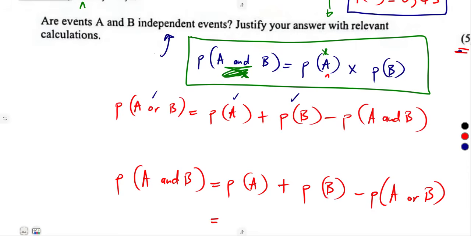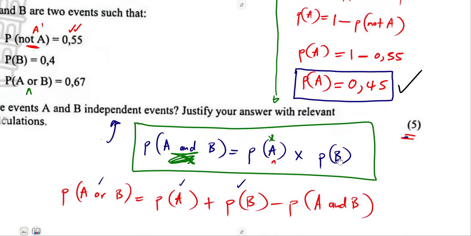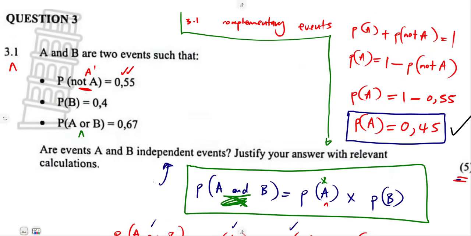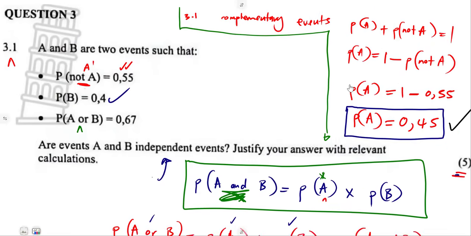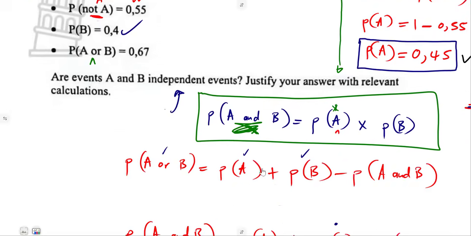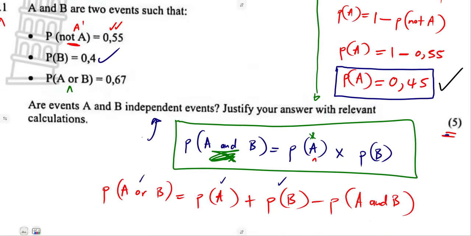So substituting what we calculated before, the probability of A here, which is 0.45, and the probability of B, which is already given from our information, 0.4. Minus the probability of A or B, which we are given as 0.67.